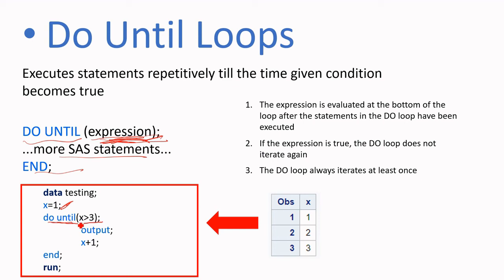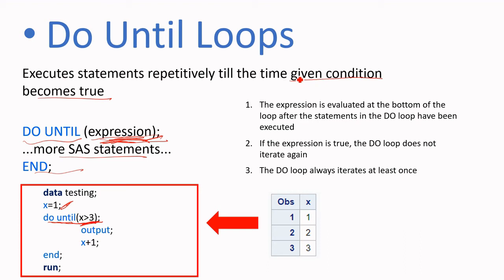Do until is the part of syntax. This is the expression which you want to give: continue the iteration until x becomes greater than 3. The moment x becomes greater than 3, the condition will become true and the iteration will stop. So this is how do until works.